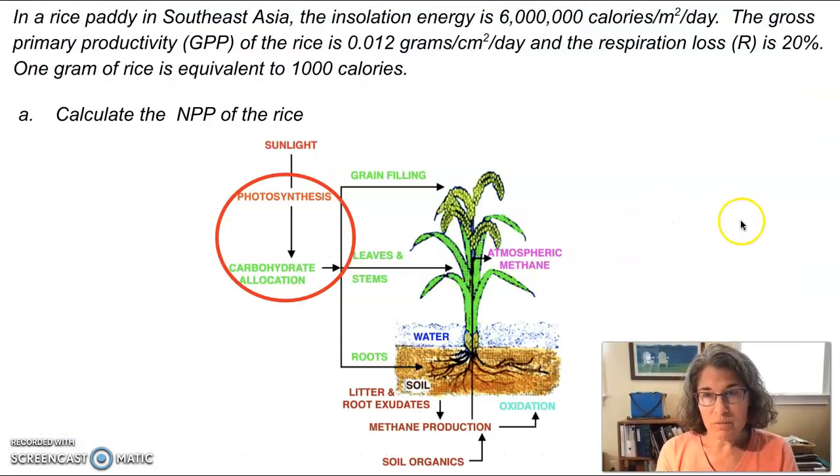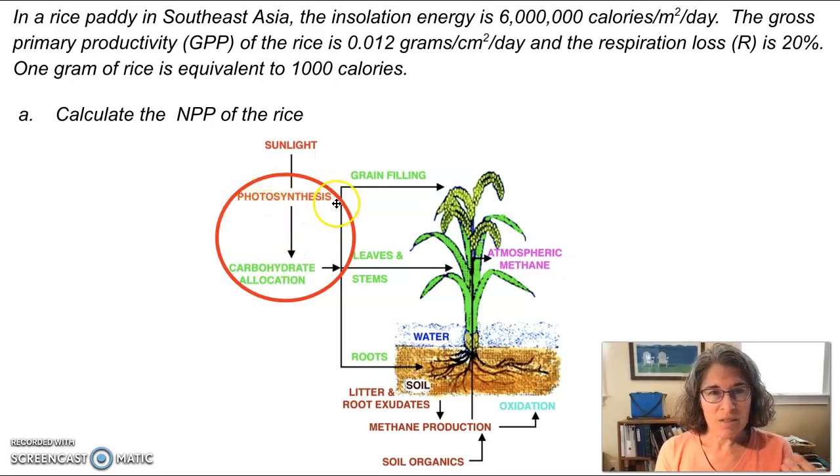Let's take the first part of this problem, and it asks us to calculate the NPP, or the net primary productivity of the rice. So if we're thinking about, here's our rice plant. The rice plant, or any primary producer, is taking sunlight, and through the process of photosynthesis is turning that into carbohydrates. So we're trying to figure out the net primary productivity.